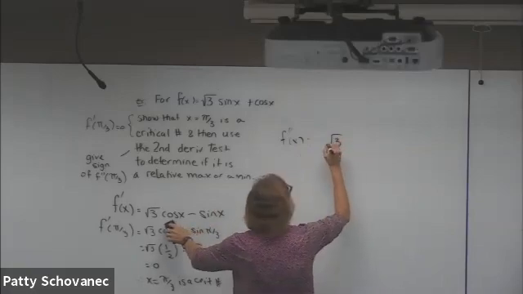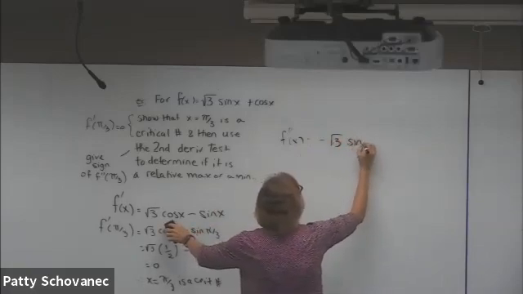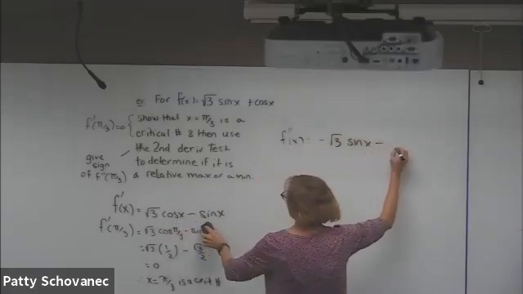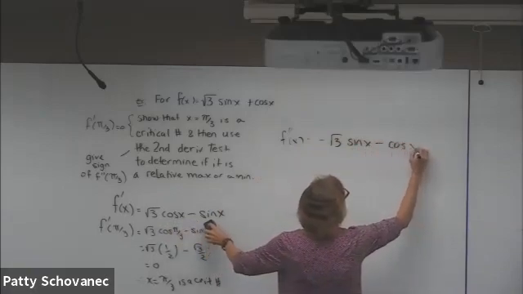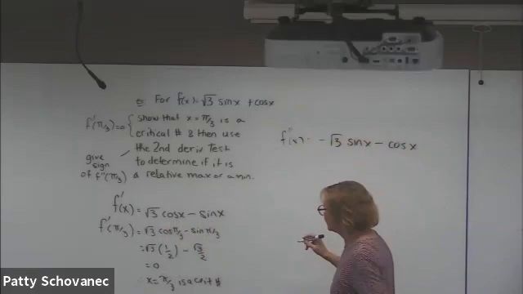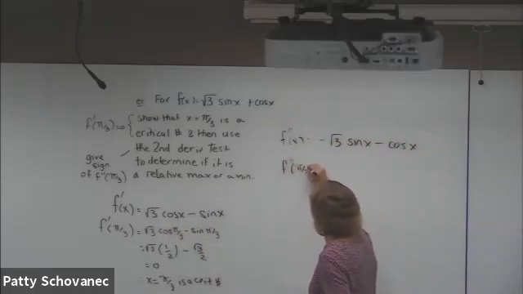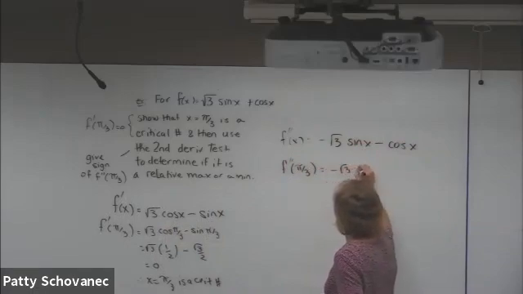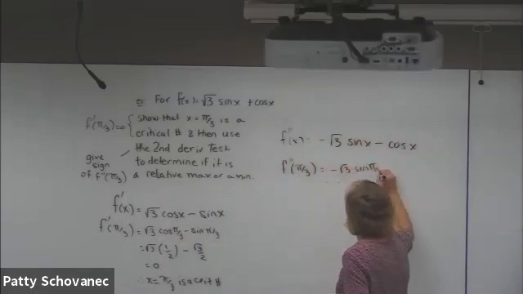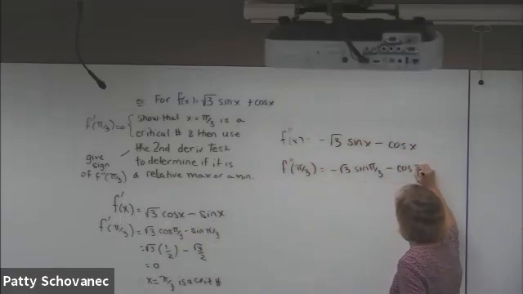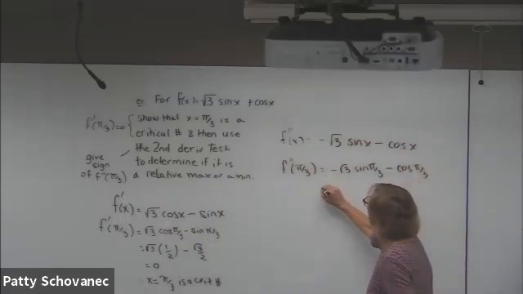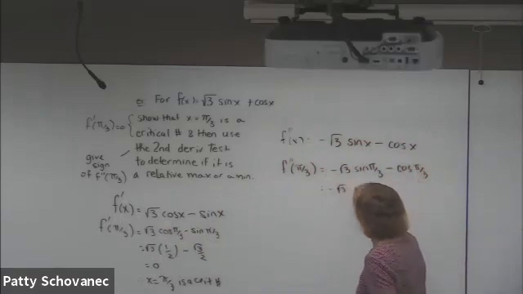The derivative of cosine of x is minus the sine of x. And then the derivative of minus sine of x is minus cosine of x. So now we're going to put in pi thirds. The sine of pi thirds was square root of 3 over 2.